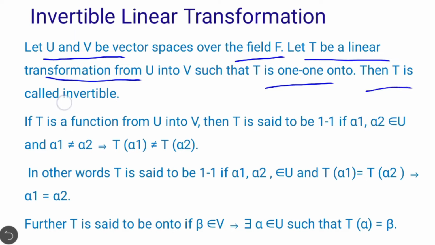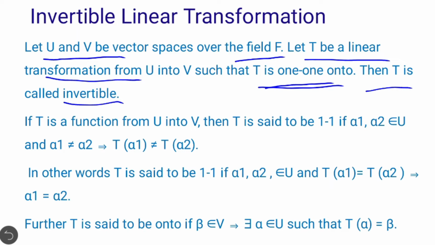Then T is called invertible. If in any problem you are asked whether the given transformation is invertible or not, you have to prove that the given mapping is 1-1 and onto.